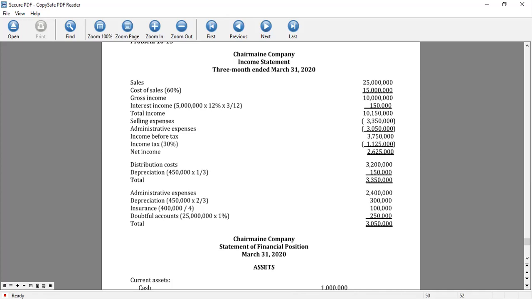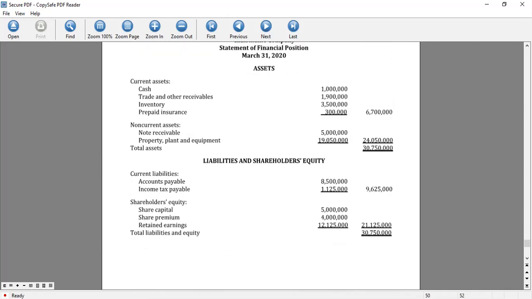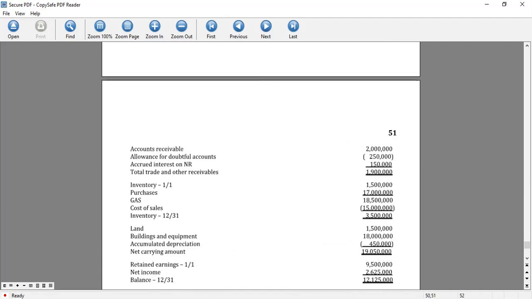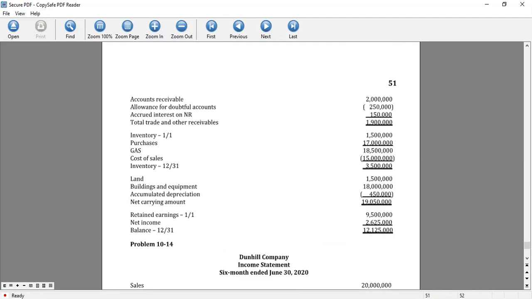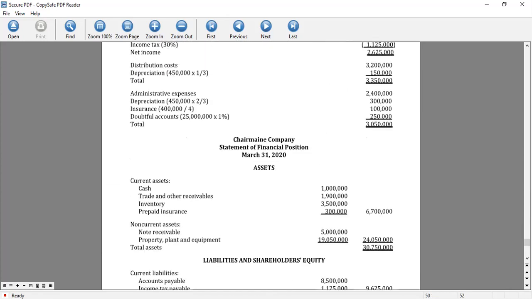Now, the statement of financial position will be prepared for March 31, 2020. So, with the corresponding adjustments in order to support the balances given for the statement of financial position by March 31, 2020.